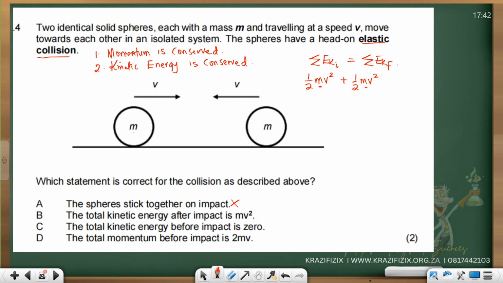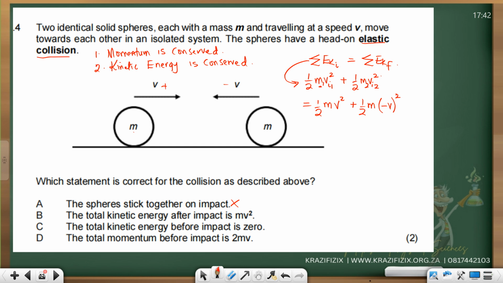I'm working out the first one here. Half, mass is m, velocity is v squared, plus half, mass is m, velocity is negative v because of the direction.